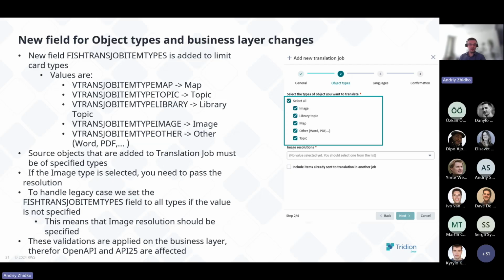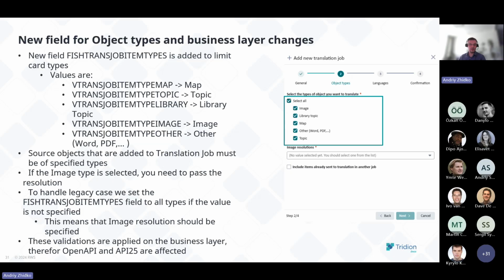And to be able to handle legacy cases where this field didn't exist, if this field is not specified, then we are setting this field to all types, and this also means that image resolution should be provided as part of that request.